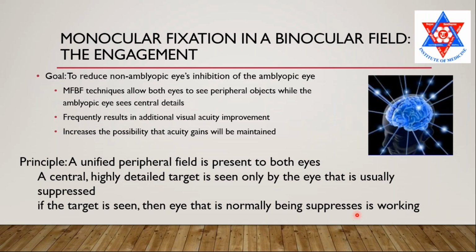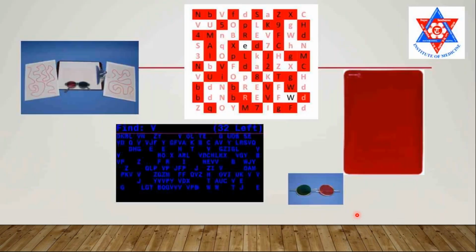These are the procedures that we can do in MFVF. We can use an anaglyphic target or a red filter.